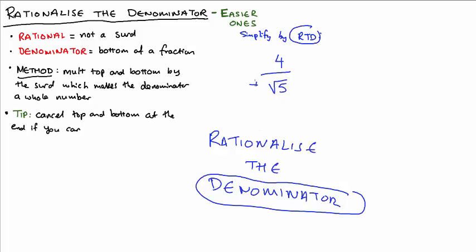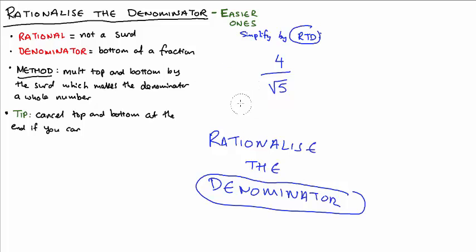Right now the denominator is irrational because it's a square root. Remember, all square roots except for the square roots of square numbers like 1, 4, 9, 16 are not rational. So that's the problem we have.